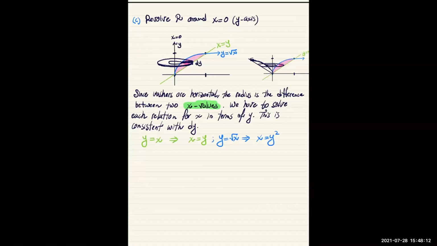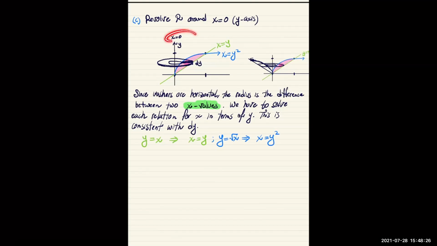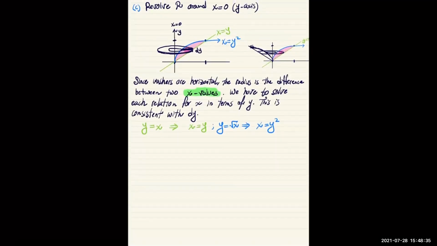So I'm going to re-express that relation in terms of y. X is y squared. So look at this. I have things that help me find the radius. I have x equal to 0, x equal to y, x equal to y squared. Those can be used to find horizontal distances.